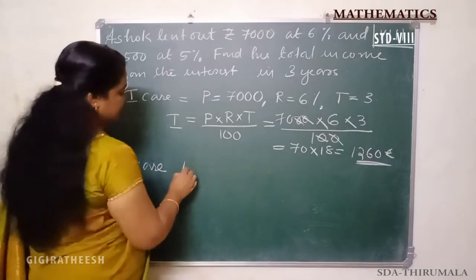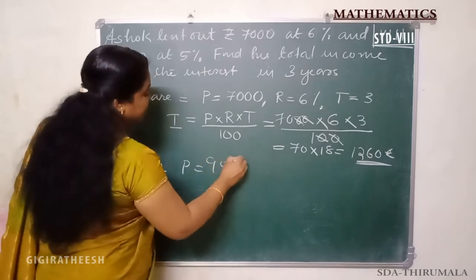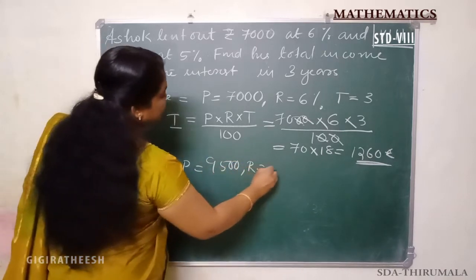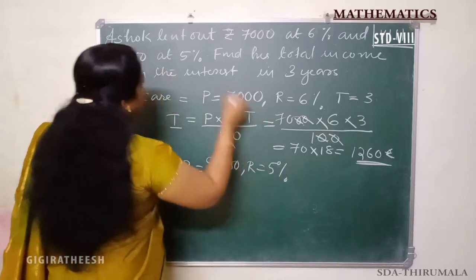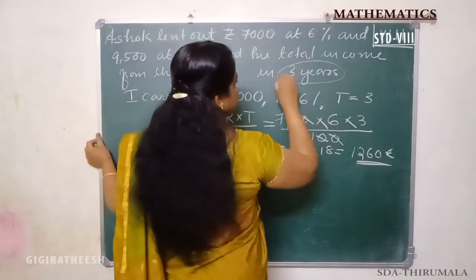P is equal to 9,500, R is equal to 5%, and T is the same, 3 years. Both are for 3 years.